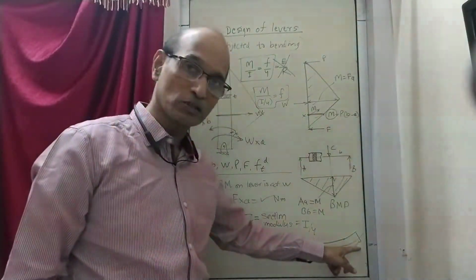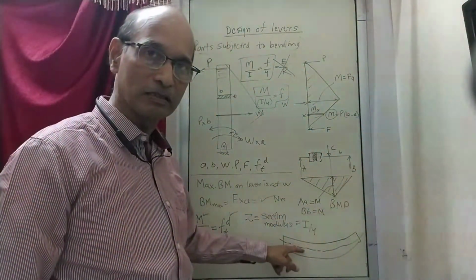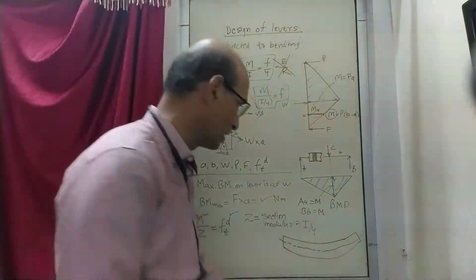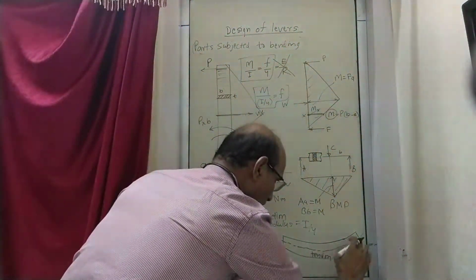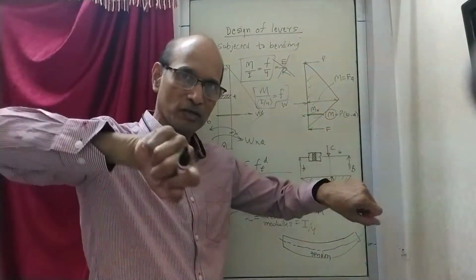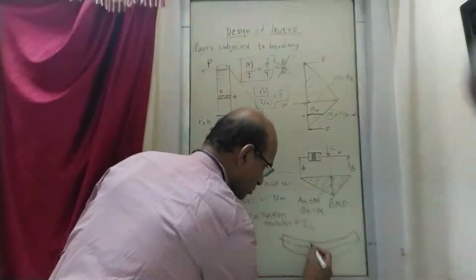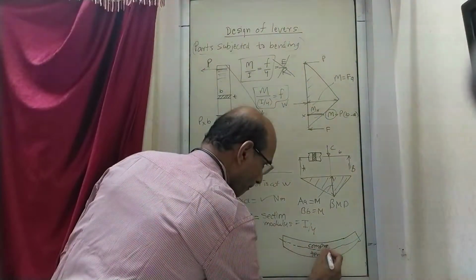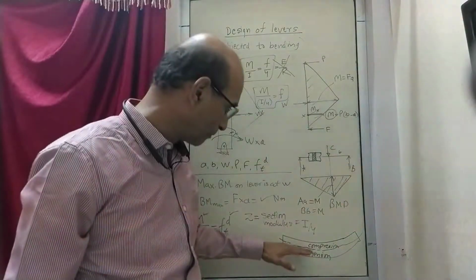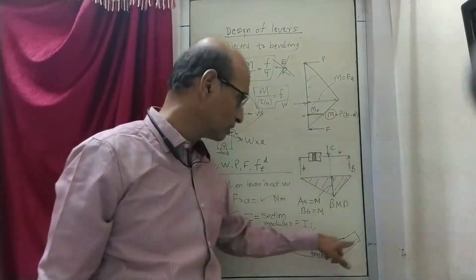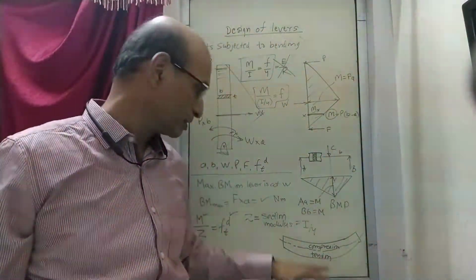The fibers, the material which is on the outer side of this axis, are in tension. So all the material here is stretched, and the material on the inner side is compressed. So half the beam is compressed, half the beam is under tension, and the middle one is not changing its length. So this is the neutral axis.